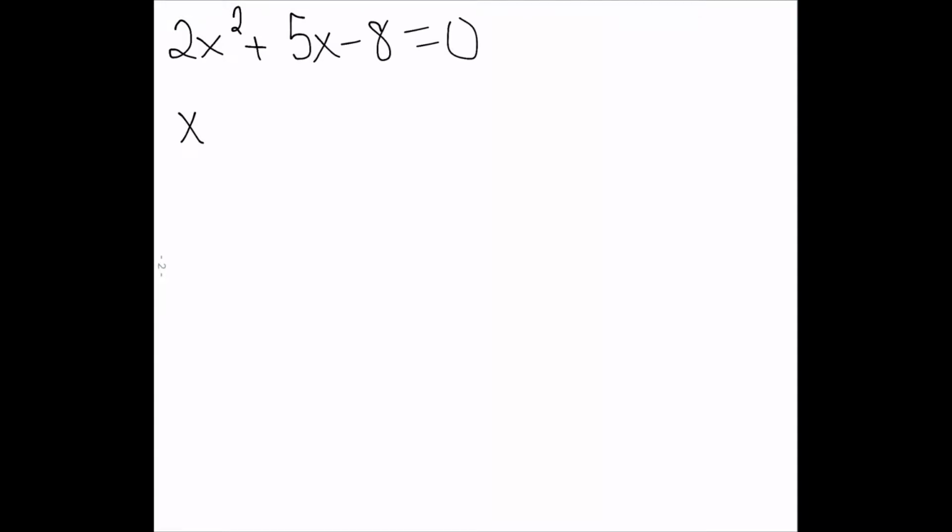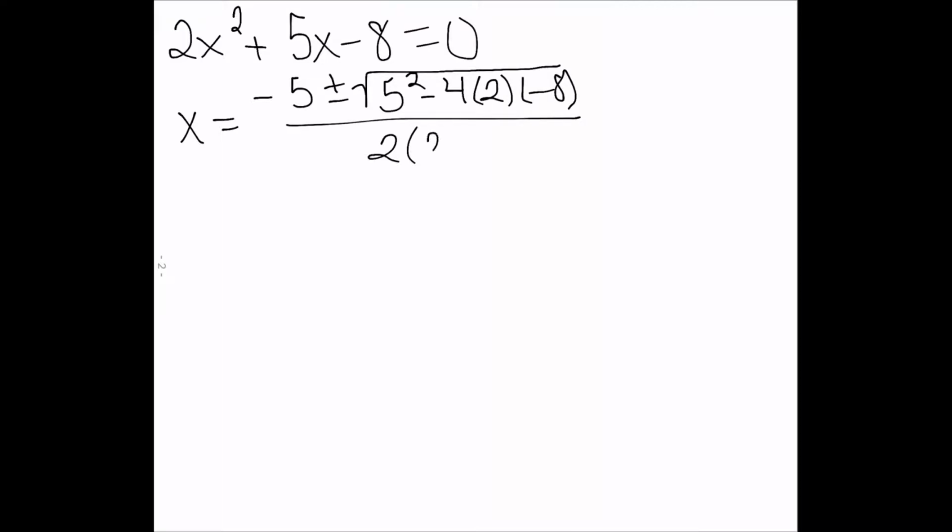We have x is negative b, so negative 5, plus or minus the square root of b squared, minus 4 times a, which is 2, times c, which is negative 8, all over 2 times a, which is 2.